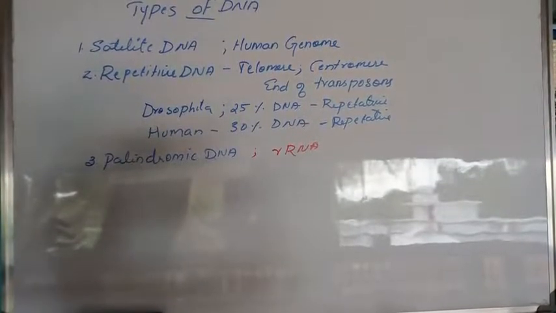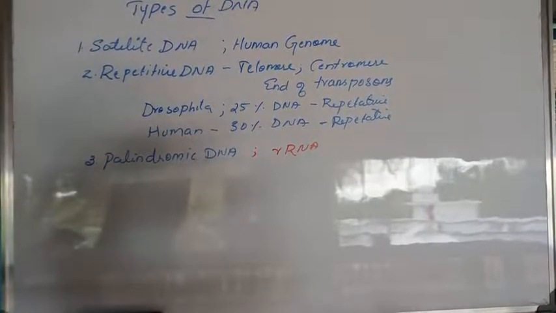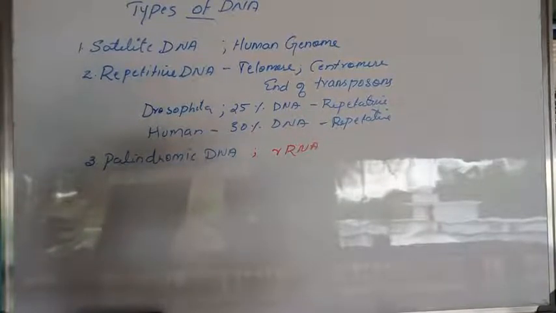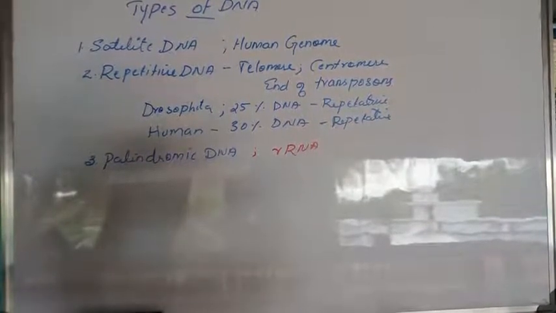It also gives structural strength to the transcribed RNA by hydrogen bonding. Long palindromic DNA molecules from some lower eukaryotes have been shown to contain coding genes for ribosomal RNA. Actually it is not clear, but some functions are there.